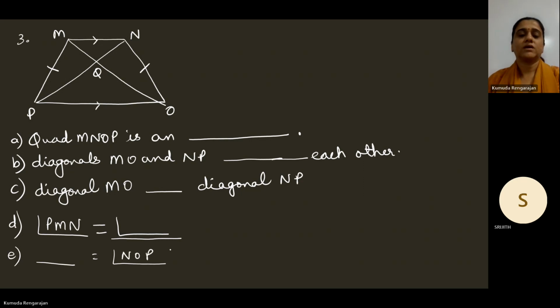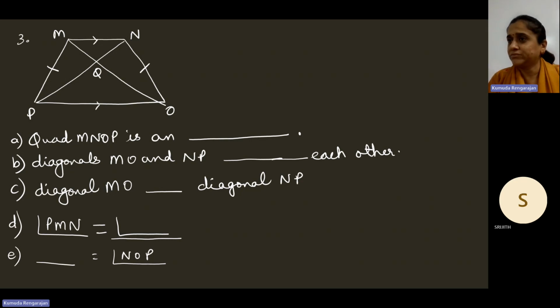So quadrilateral MNOP is an isosceles trapezium. Why is it a trapezium? Because one pair of opposite sides are marked parallel.